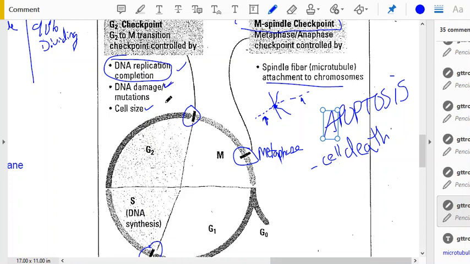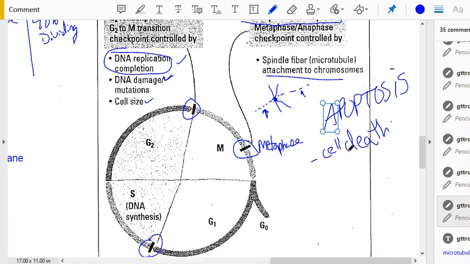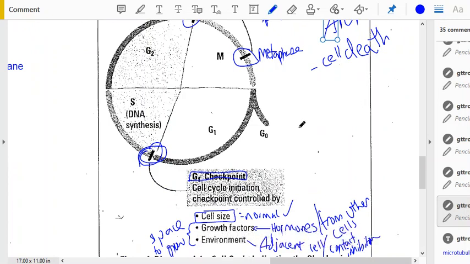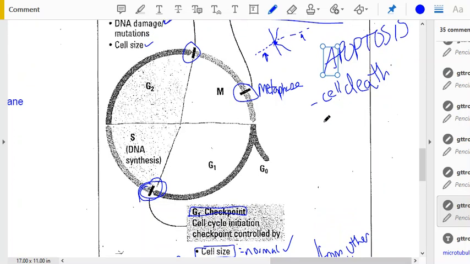And remember, cells have an opportunity to redo this. So the proofreading is like a second chance. They have like a reassessment, if you will. But if they still don't fix the problem after that, then they go through apoptosis, right? Maybe the cell is not big enough after G2, and it's not fixed for whatever reason. It doesn't get rectified. The cell will undergo apoptosis. So this is pre-programmed cell death.